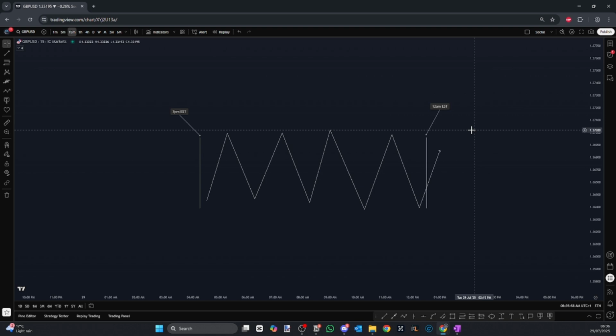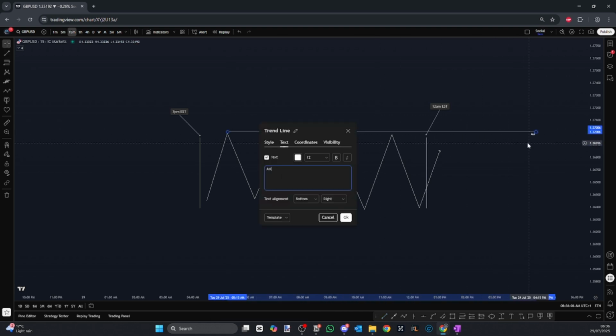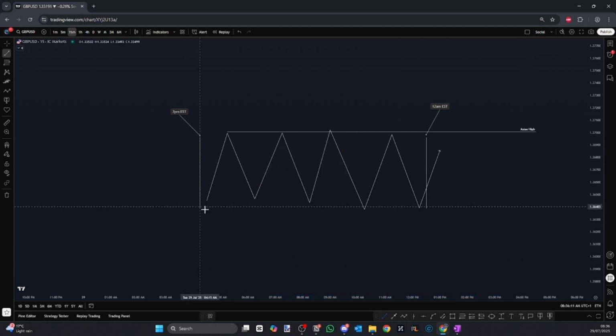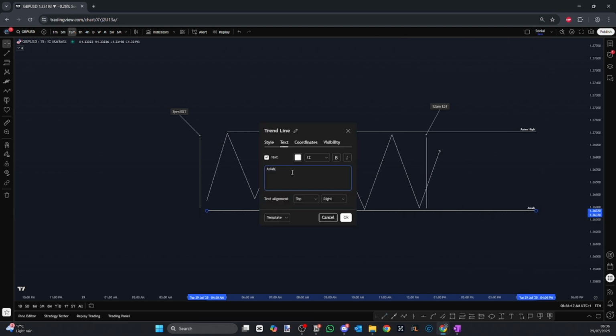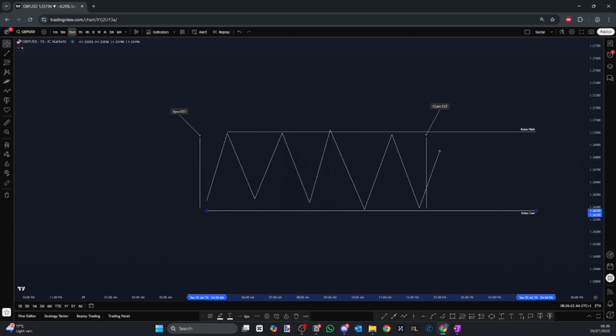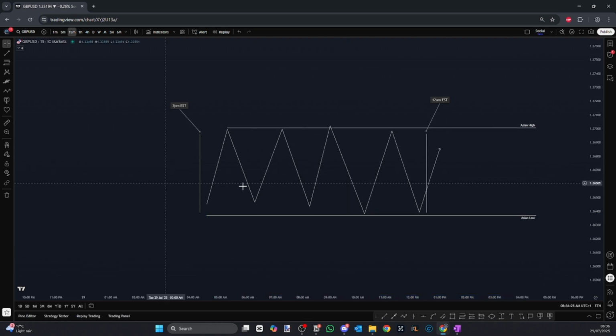So as our London trading session opens, we can mark our Asian highs, and we can also mark our Asian lows. When price forms this type of price action, which it does quite frequently across forex pairs, a tight sideways consolidation during the Asian trading range, we can assume that there is liquidity sitting both above the Asian range and below the Asian range.